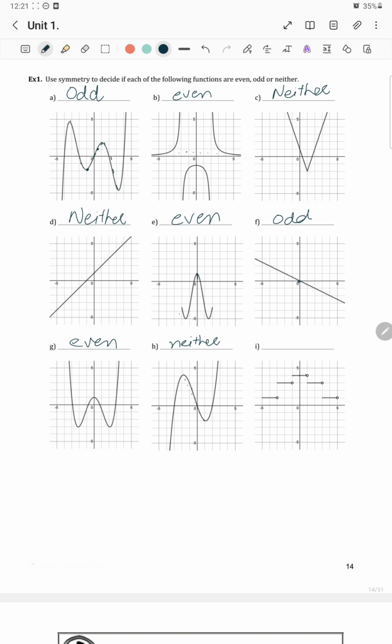This is 1 here, 1 here, even or odd. Even means same, 1 box, 1, 2, 1, 2, but it is not symmetric along the y-axis, so neither.